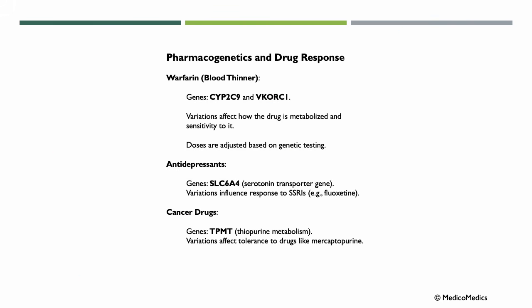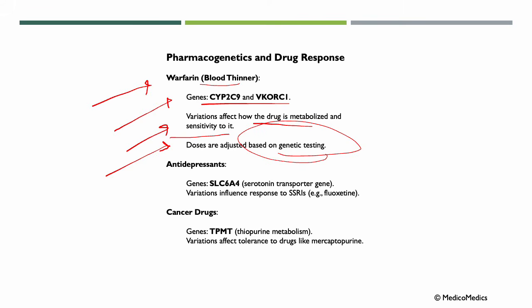Now let's briefly mention how genetic testing could help us adjust medications to make them safer and more effective. For example, warfarin, which is a blood thinner. Depending on these genes, the variation will affect how the drug is metabolized and their sensitivity to it. So we can adjust doses based on their genetic profile.